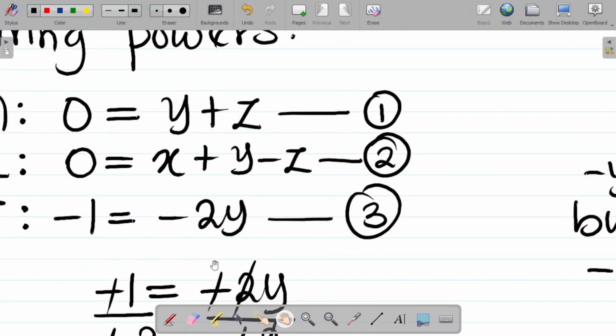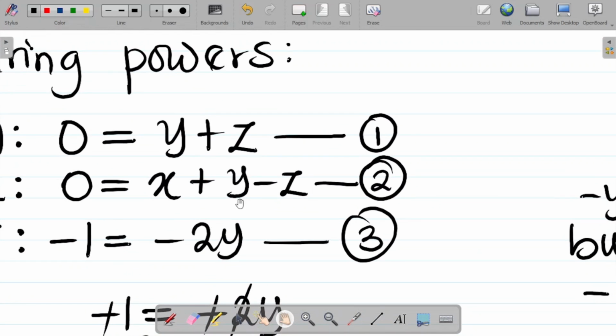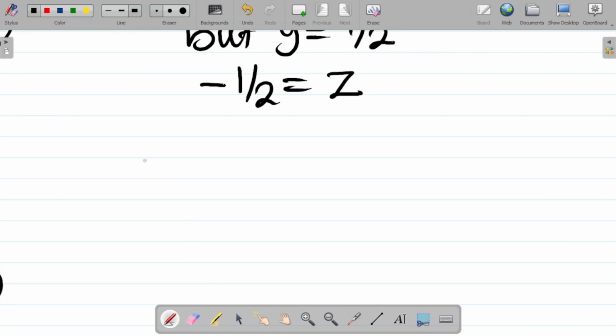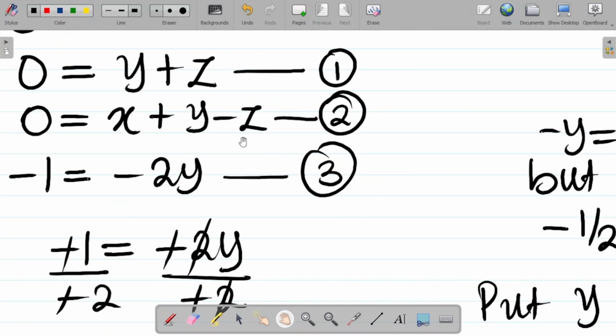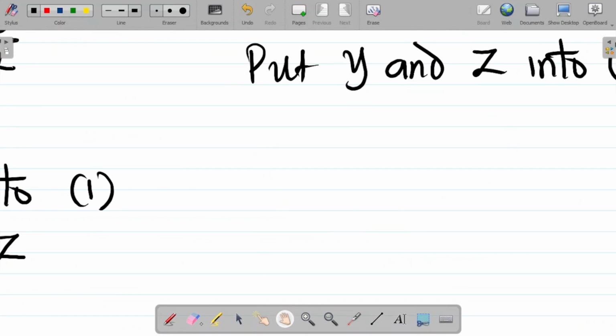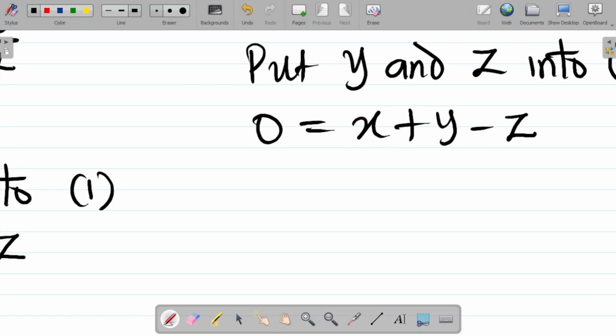Let's now get the value of x. So I'll put the values of y and z into equation 2. From equation 2, I have that 0 is equal to x plus y minus z.